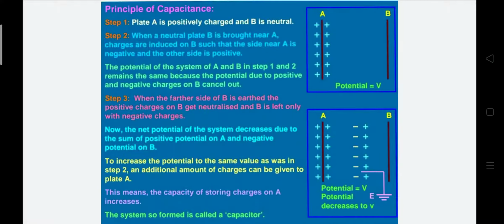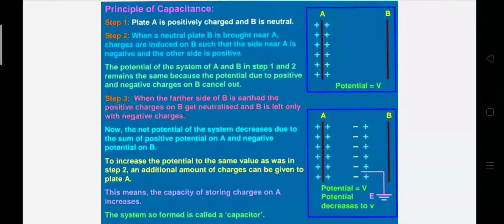Then what we do? We connect the outer surface of the metallic plate B to the earth. When the charges were developed, negative charge was developed on the inner surface of metallic plate B. As a result, all the positive charge was on the outer surface of metallic plate B. Now we have connected the metallic plate to the earth.